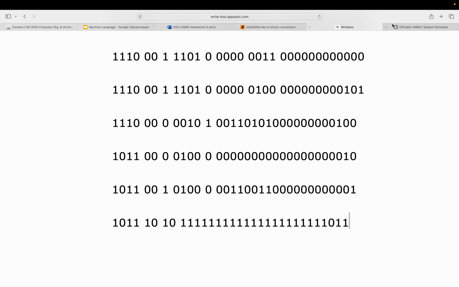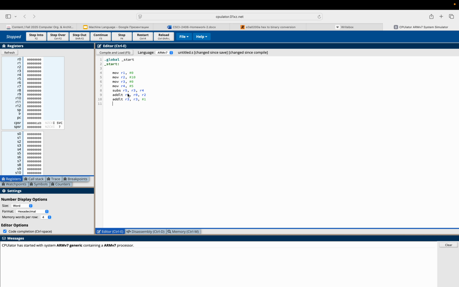So let's move. Yes, so we are gonna create the first label here. I'm gonna name it label 1. And then let's write down the thing that we found so far, which is BLT label 1.